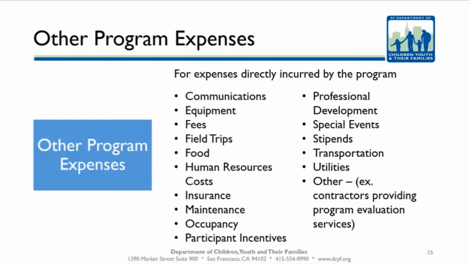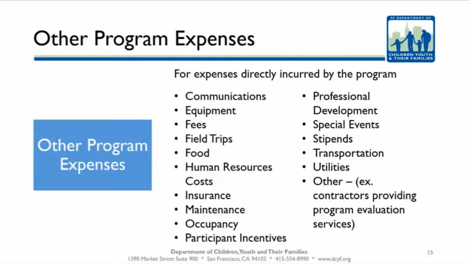The next element is participant incentives, professional development, special events, stipends, transportation, utilities. And while every single budget category has an other category, one particular other here is going to be contractors that are providing program evaluation services.